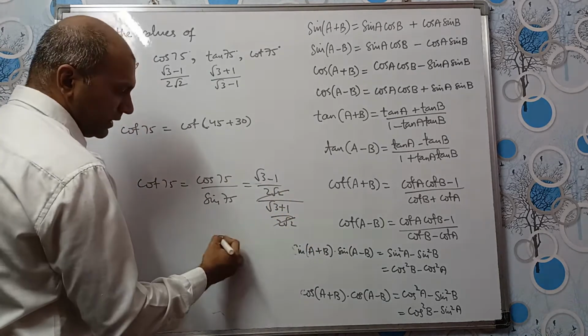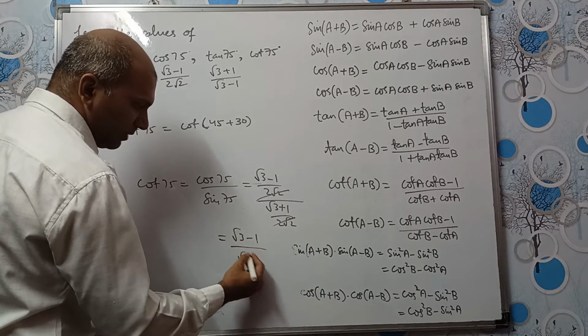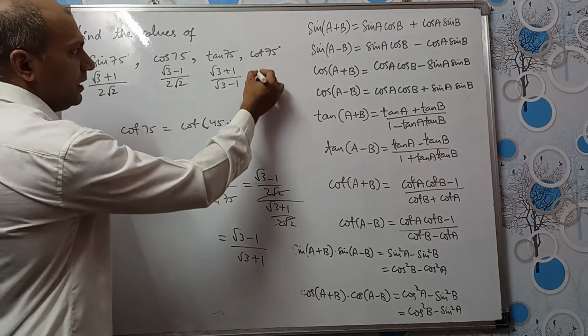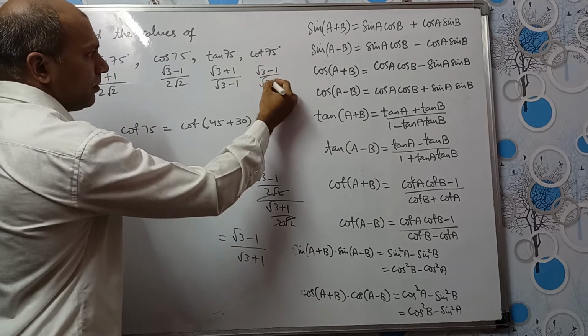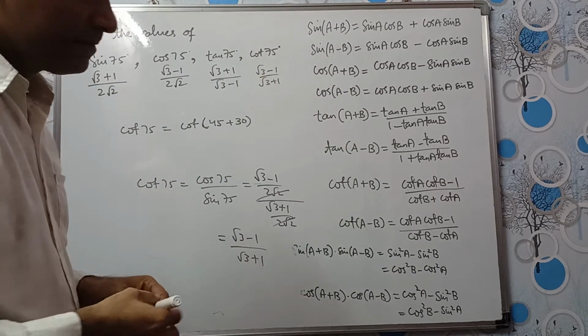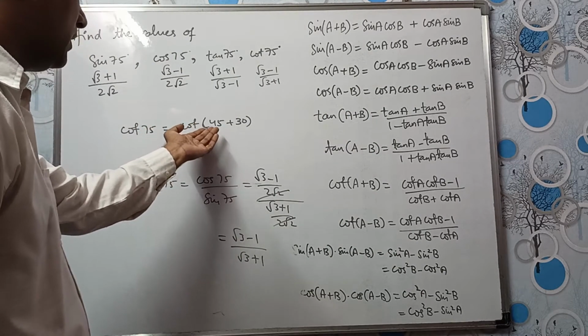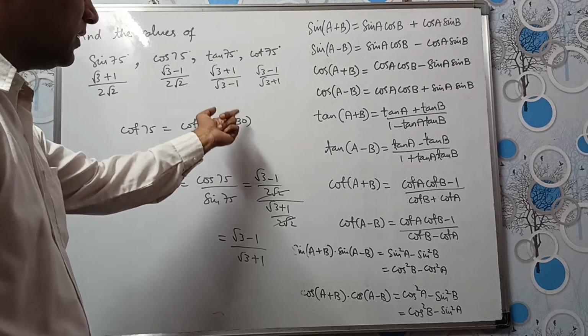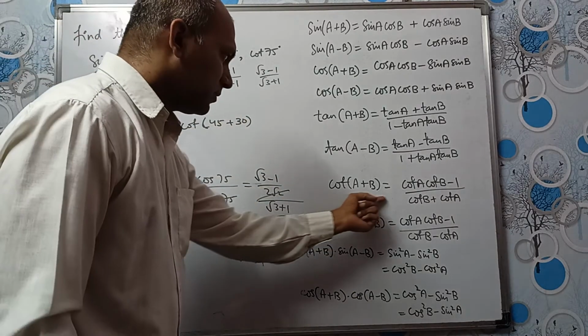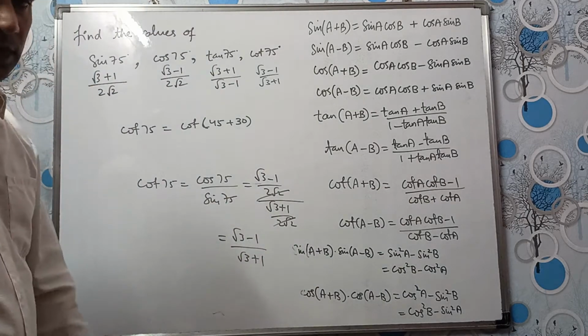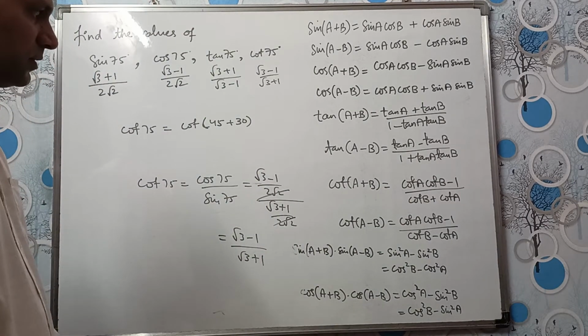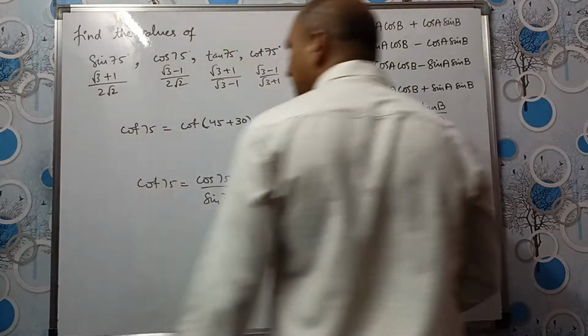The 2 root 2 gets cancelled. Finally, we have root 3 minus 1 divided by root 3 plus 1. You can also find it using the cot A plus B formula with cot 45 and cot 30, and you will get the same answer, root 3 minus 1 by root 3 plus 1. I hope this is clear.